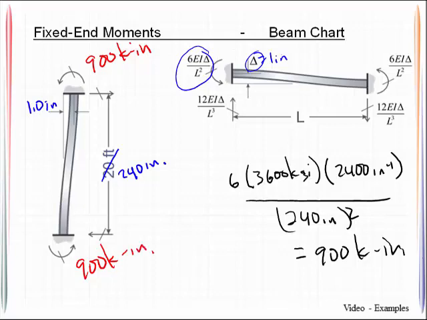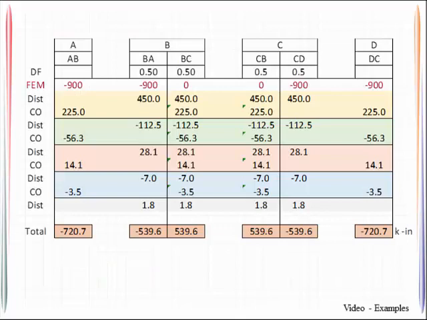With that in hand, I am then prepared to put together my moment distribution table. A couple of things I want you to be aware of. This has completely run the example, but there are the fixed end moments that happen in those columns. And since joints B and C were fixed against rotation, there were no moments that developed here.